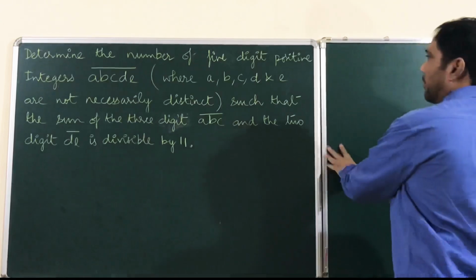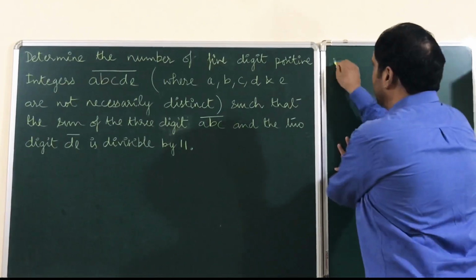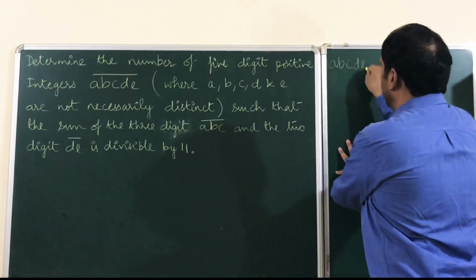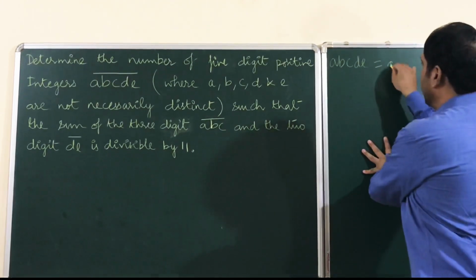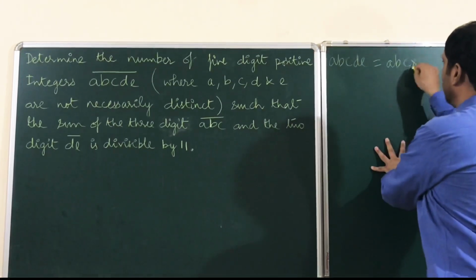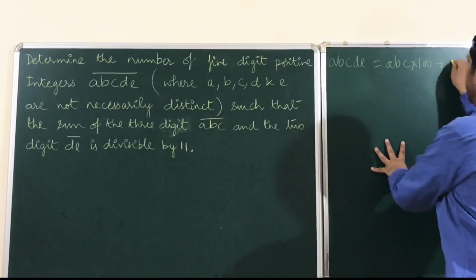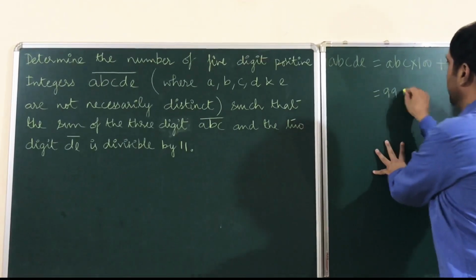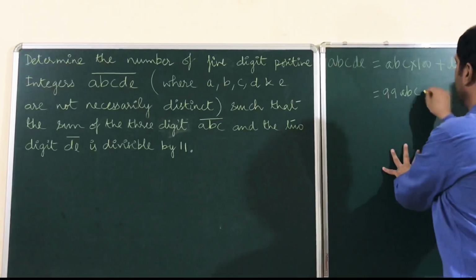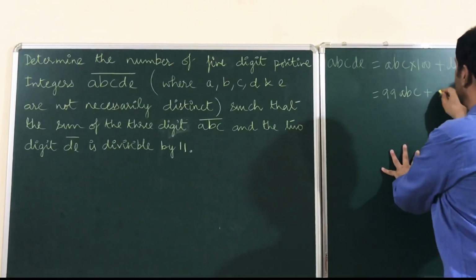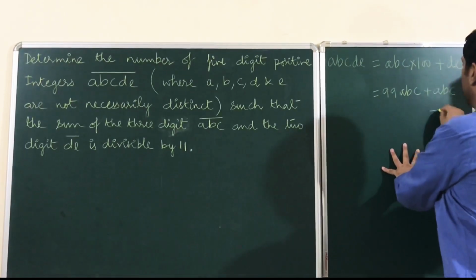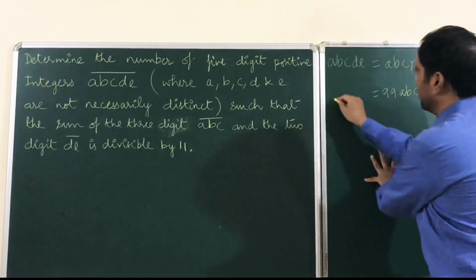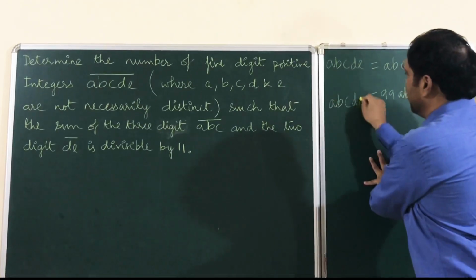This 5-digit number ABCDE we can write as ABC times 100 plus DE, and then as 99 ABC plus ABC plus DE, and this equals ABCDE.